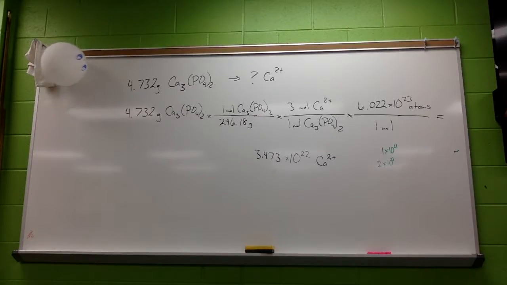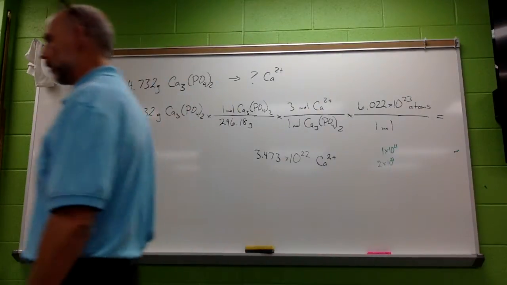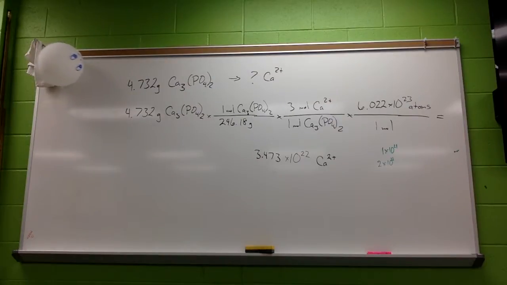A thing about significant figures. I have been doing this ever since I started teaching AP. On the AP exam, on the free response part, they typically give you 1 significant figure leeway.